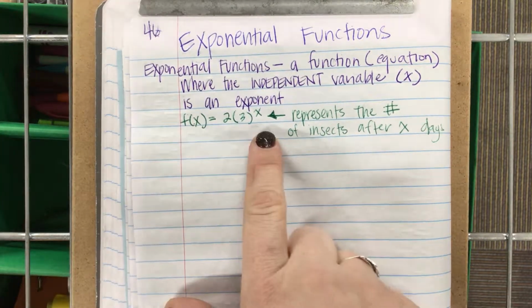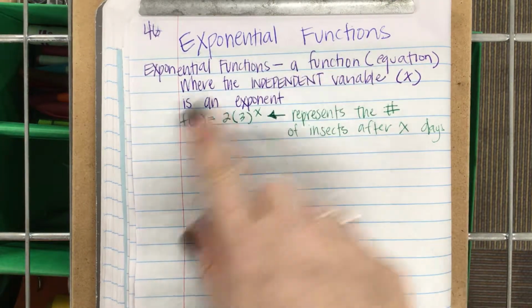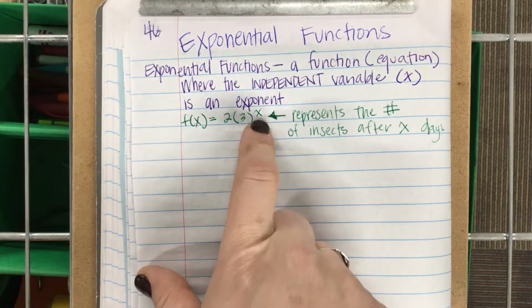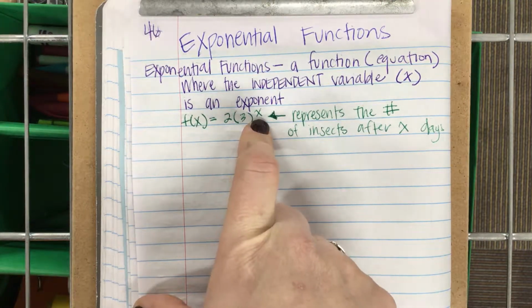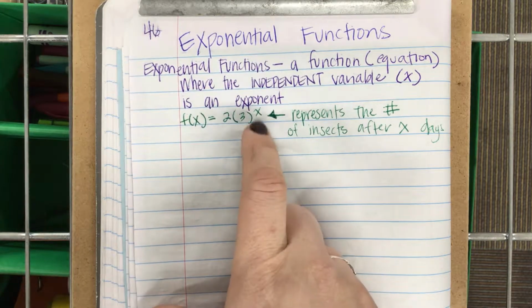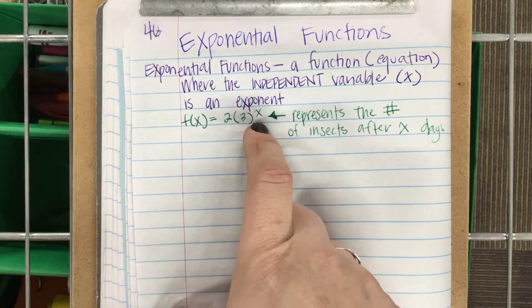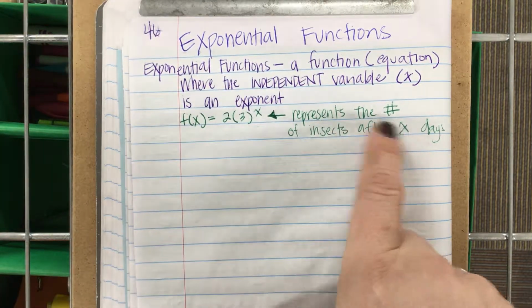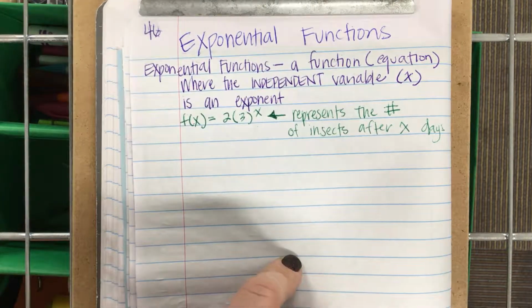So this formula, this exponential function, this equation, if I substitute 1 in for x for 1 day, it'll tell me how many insects will be in the population. If I insert 2, 3, so on, it will give me the number of insects after x days.